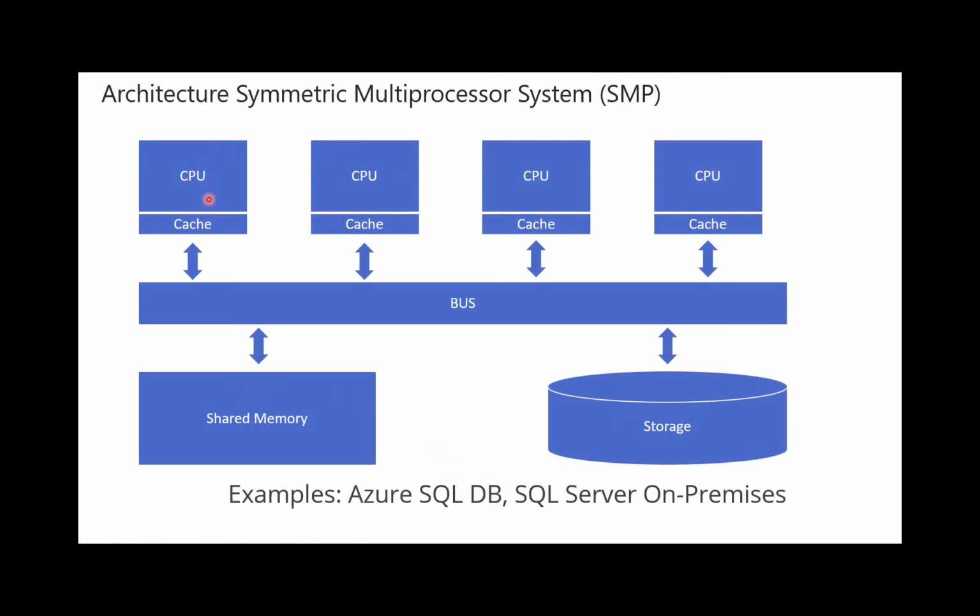Within this architecture, all the CPUs are going to be sharing the memory and the storage. Think about your laptop, that's a good example. Your laptop may have 4 CPUs, 16 gigabytes of memory, and 200 gigabytes of storage. Those CPUs are going to be sharing that memory and storage while performing any type of workload.